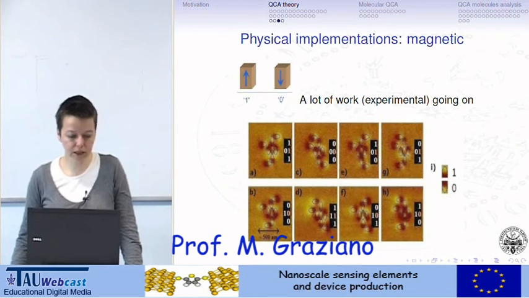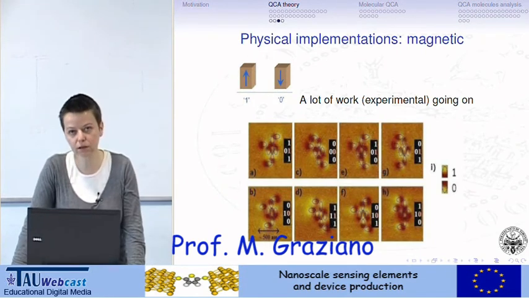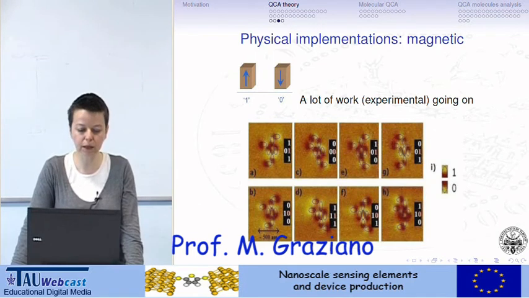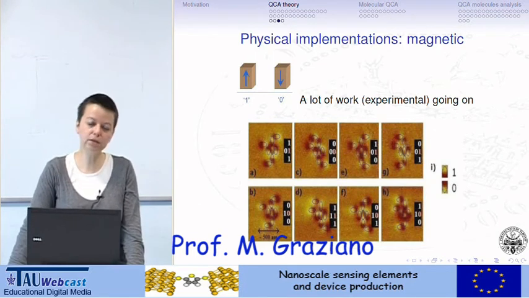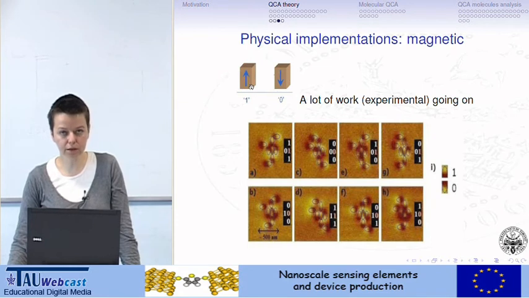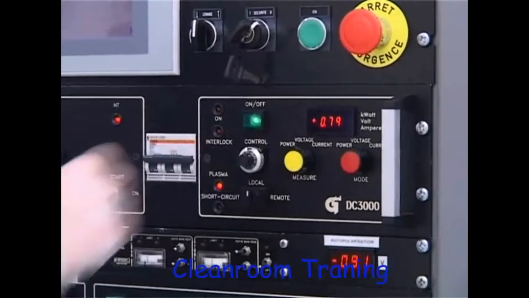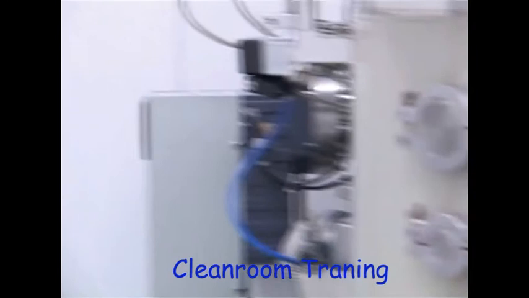Another successful implementation that is currently adopted nowadays is the magnetic one. Here the cell is a small magnet with a shape anisotropy in which the magnetization. So we are almost there to the 1 kilowatt value.